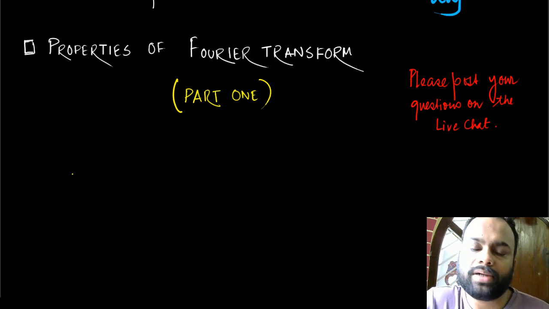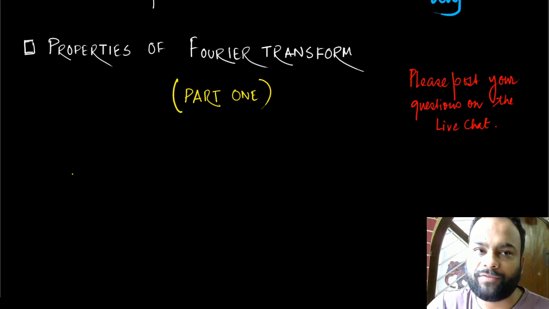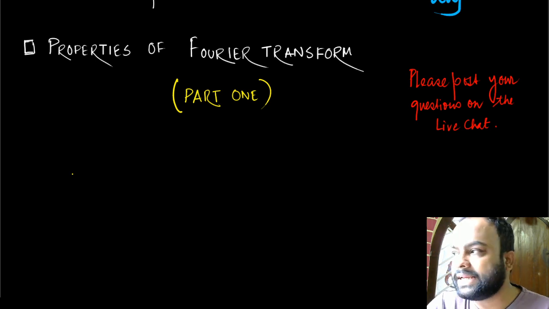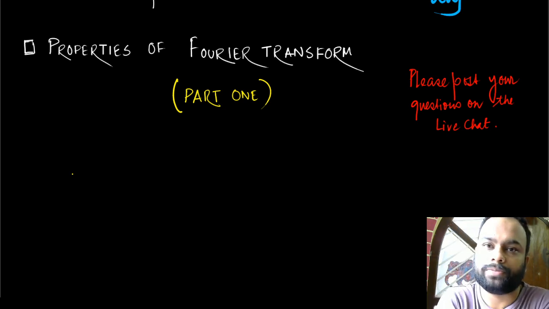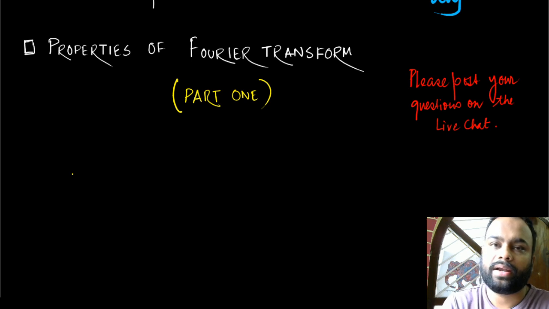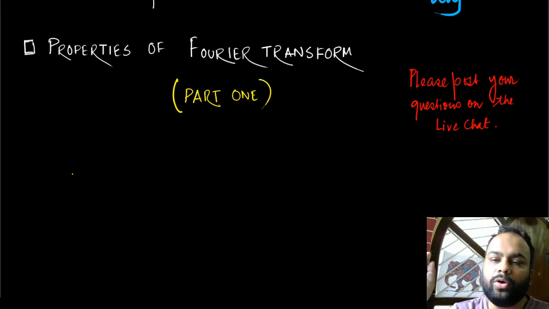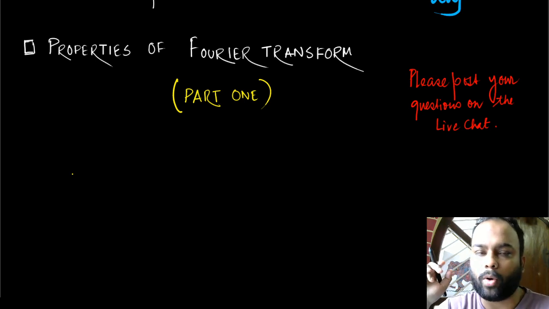But again, since Fourier transform is a generalization of Fourier series, any signal that is periodic also has a Fourier transform, and we actually saw those examples in the last class, and we shall see plenty of other examples like those later on. So in any case, we use Fourier transform as a generalization of Fourier series. That's one of the important things to know.